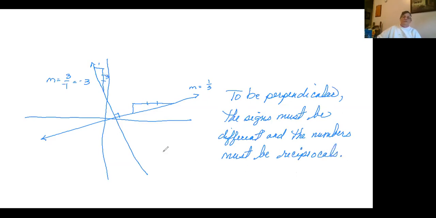So they typically give you some problems where they'll give you two equations and they'll say, are these lines parallel, perpendicular, or neither? And of course, anything other than either exactly the same or having different signs and reciprocals, anything else just qualifies as neither.